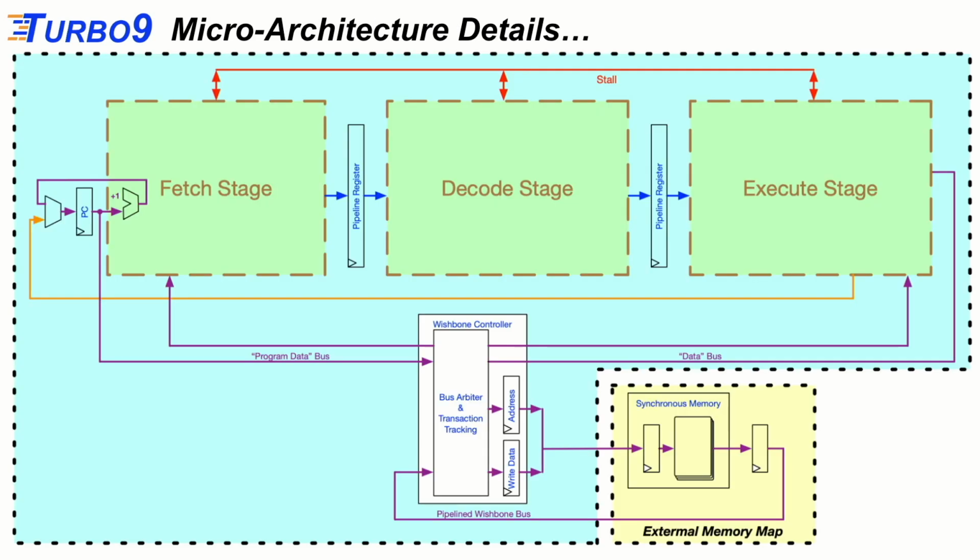So let's jump into the microarchitecture details. Here's a simplified representation of the microarchitecture. We have a fetch stage, decode stage, and execute stage, and a bus arbiter, and then the external part of the memory is also pipelined. So in this case, as shown here, it's a 6-stage pipeline: 1, 2, 3, 4, 5, 6.